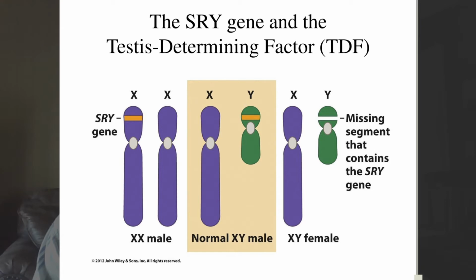Alternatively, we know of several mutations in the SRY gene that cause testis-determining factor to be absent or malfunctioning, which means that the embryo then develops completely along the female tract. So kind of an interesting element to sex determination.